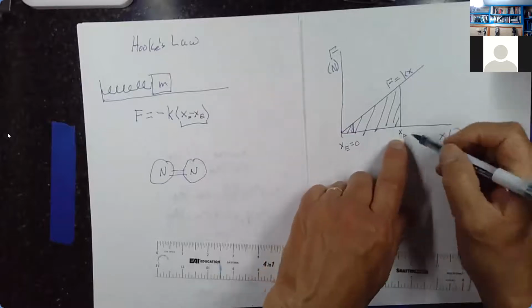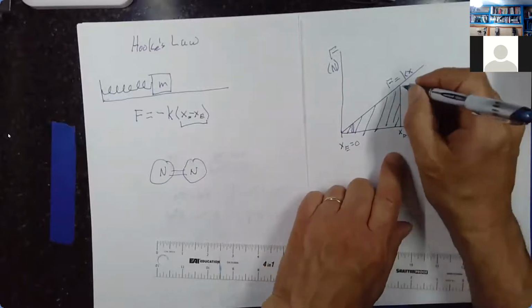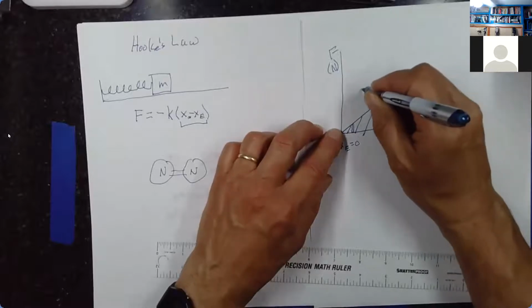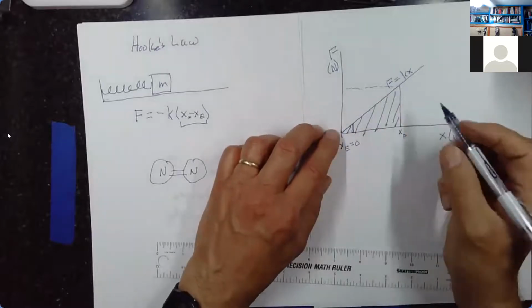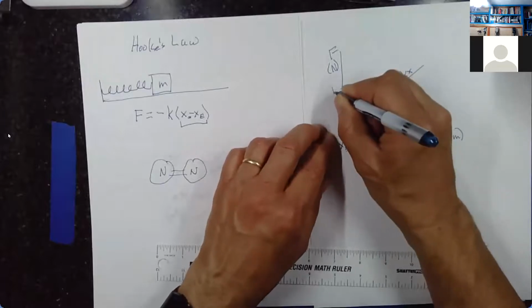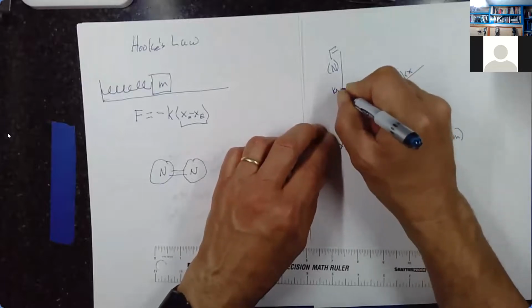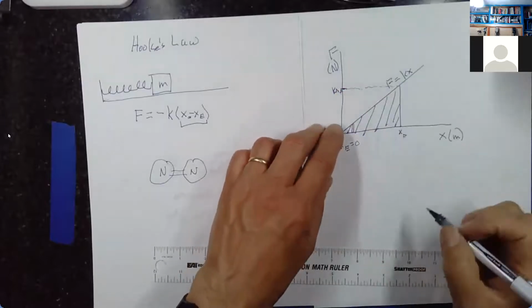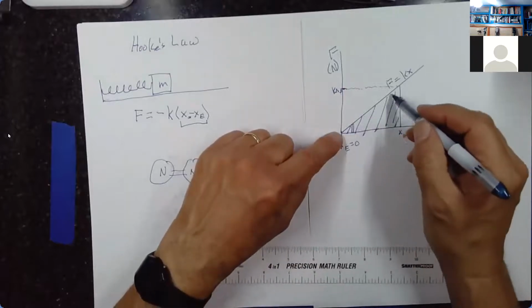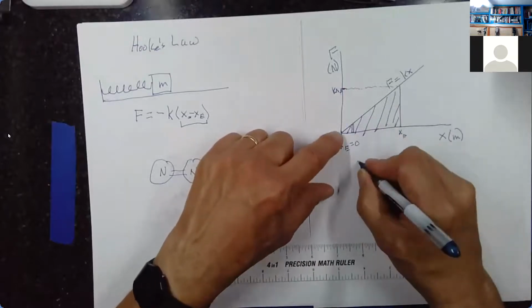That's where we end up stopping it. Well, it's the area of a triangle. It's not really an area because it represents work in this case, but the height of this thing is going to be kx final, and the area of a triangle is going to be the work that we would have to do against that thing.